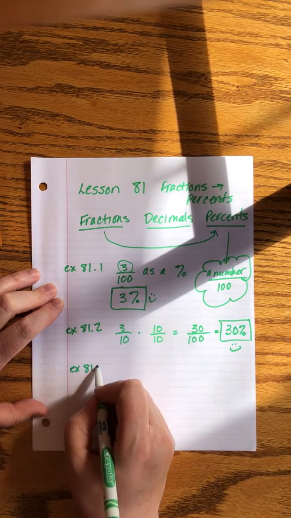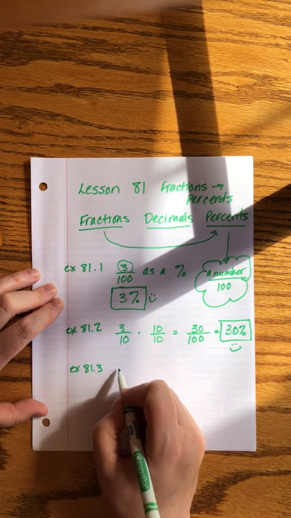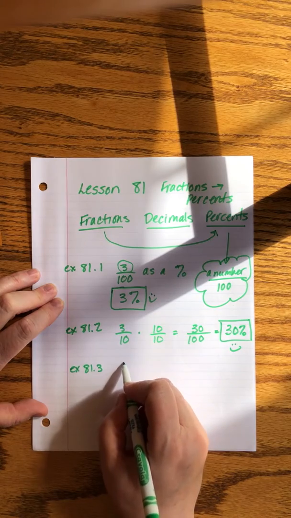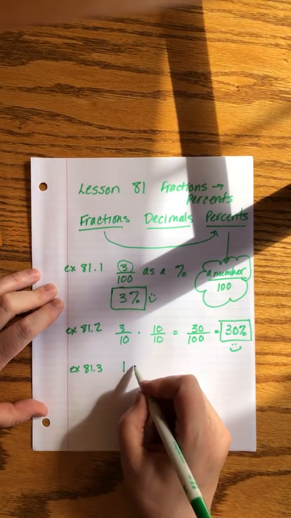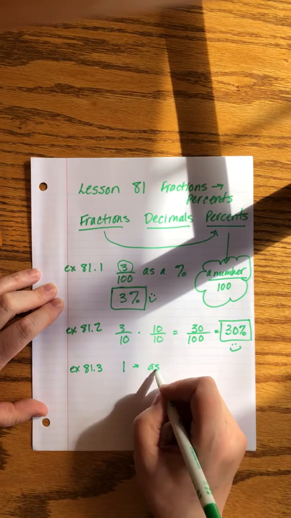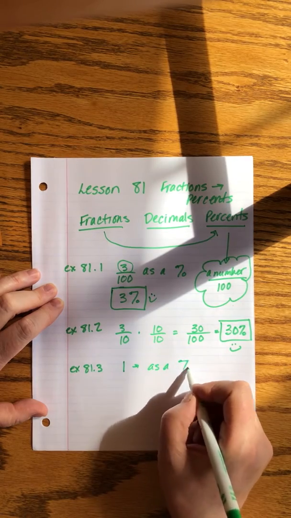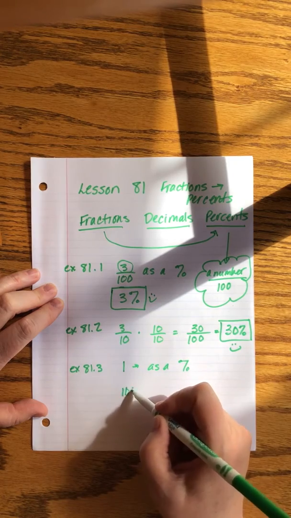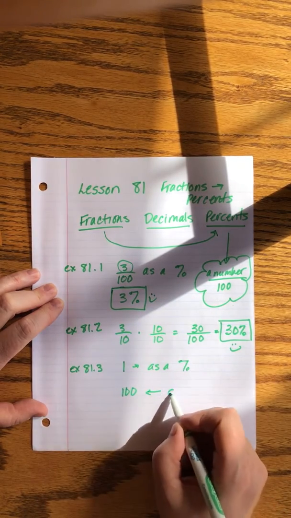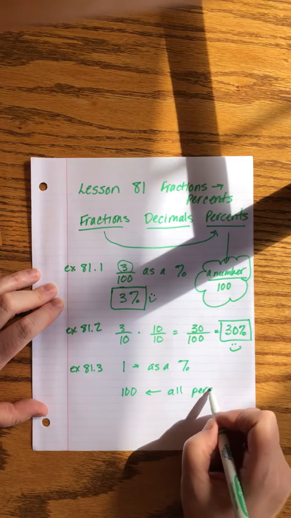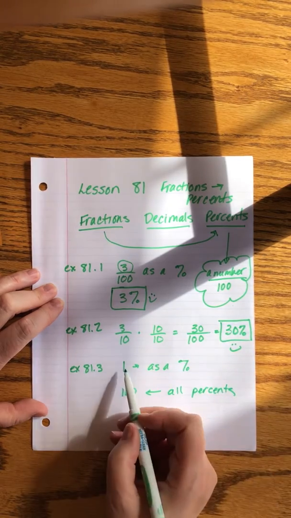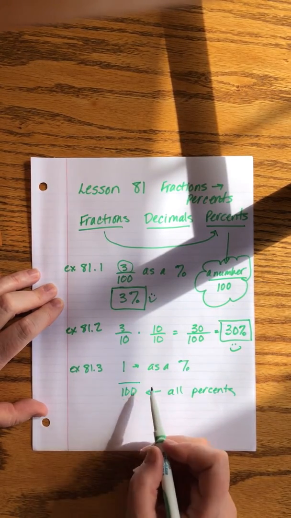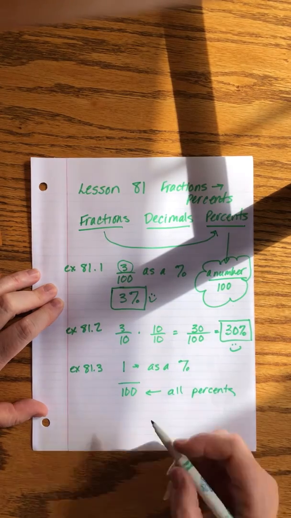Example 81.3. What percent is equal to 1? Okay, so how do we express 1 as a percent? Well, we know that for percents we always want 100 on the bottom. That's how we like all percents. And 1 can be written as any fraction as long as the top and the bottom are the same.